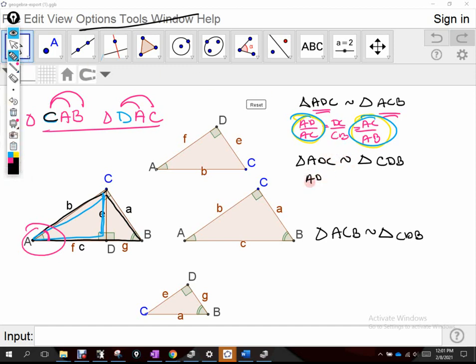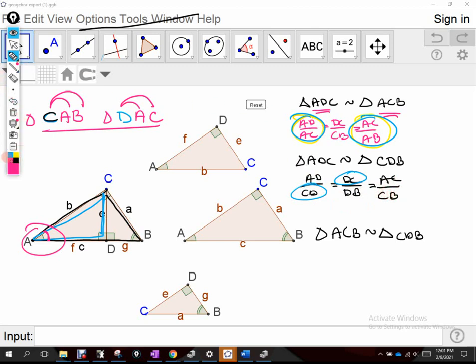So if I go looking at the ratios here, AD compared to CD, we go DC compared to DB, and then we go AC compared to CB. And again, the repetition is that one and that one, CD or DC, however you want to write it. But AD doesn't repeat again, DB doesn't repeat at all, AC doesn't repeat, and CB doesn't repeat. Does that make sense? Okay.